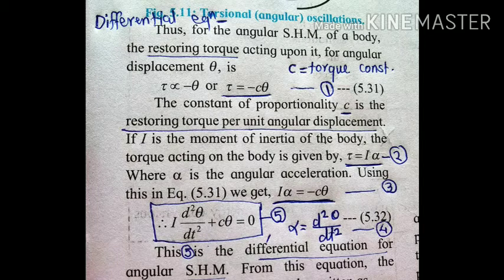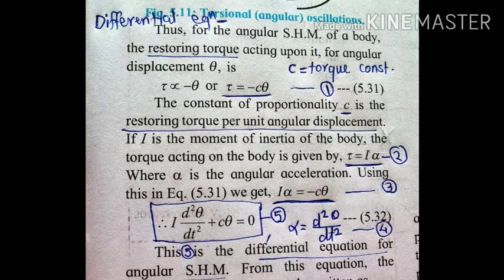I alpha is equal to minus C theta, equation number 3. Then, in this equation 3, we write the angular acceleration alpha in the form of the double derivative of angular displacement theta.